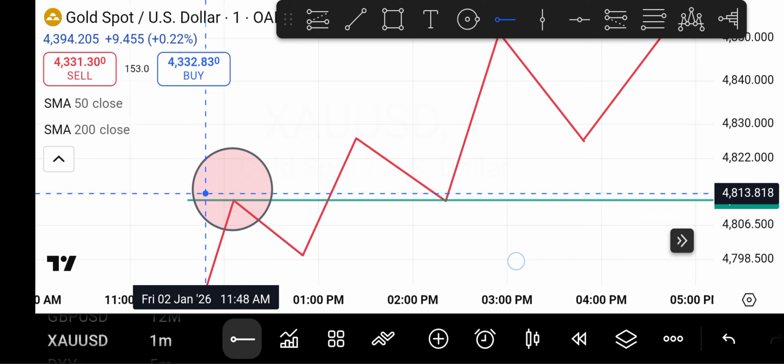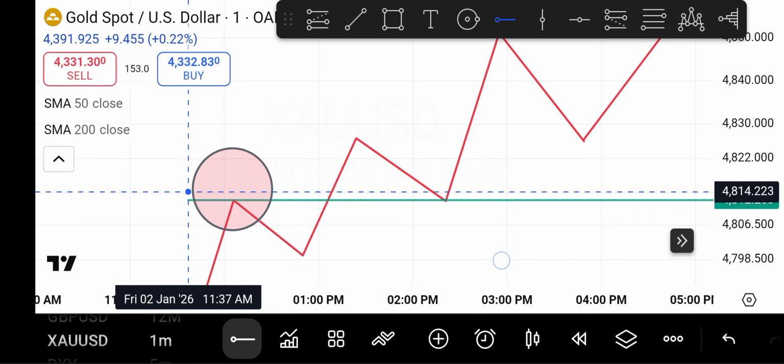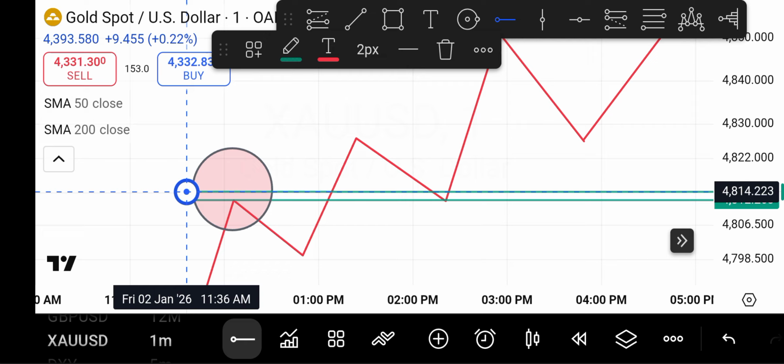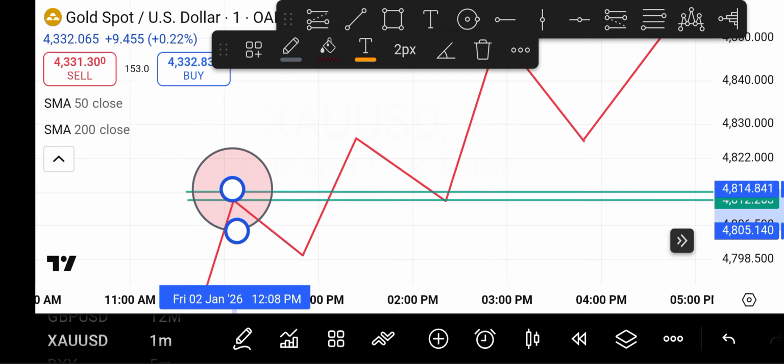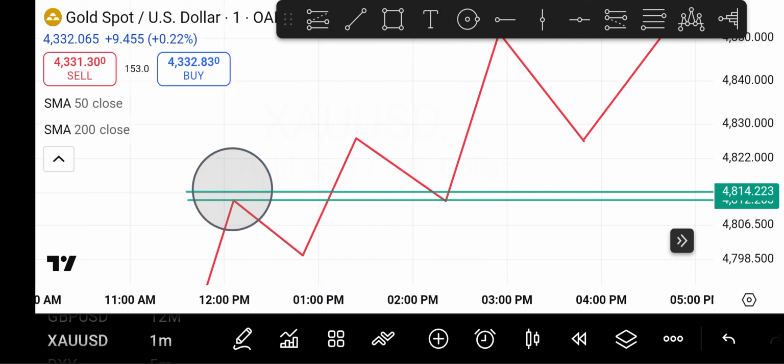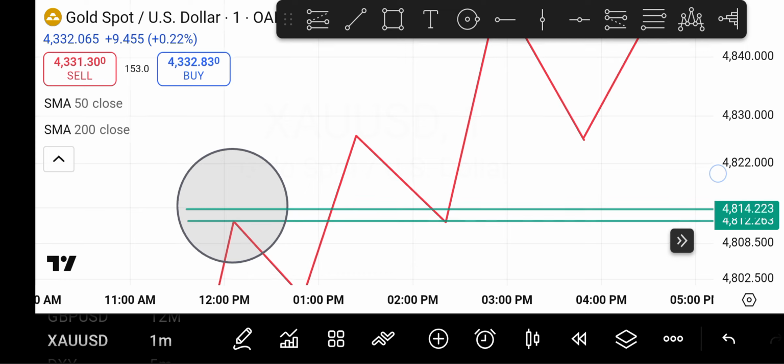It's not just an ordinary line, it's a zone. So you will set the zone to the highest wick of the other previous high, which is our former pink zone here. Let me change it to grey. So the highest wick and the highest body candle is where we place the two vertical lines for future trade.